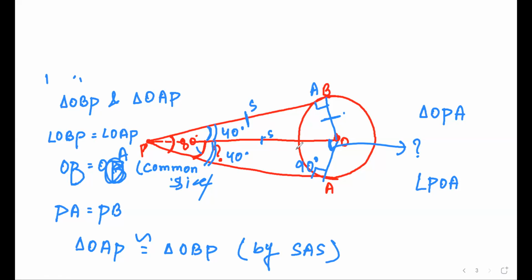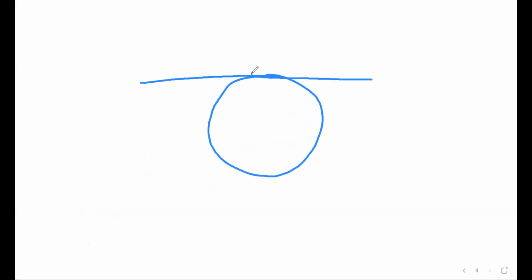Okay. Now the next question is, prove that tangents drawn at the ends of a diameter of a circle are parallel. So if we have a circle like this, and we draw a tangent over here and a tangent over here, and we have a diameter like this.